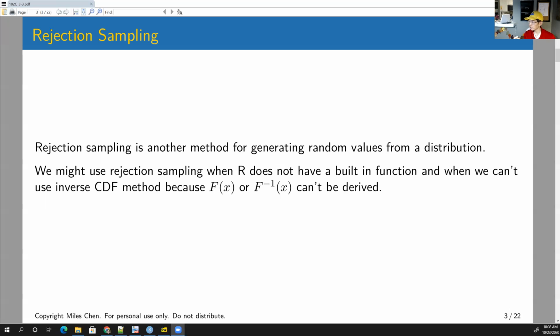If we can generate pseudo-random values from the uniform distribution, can we then generate values from other distributions? We saw the inverse CDF method, which is very effective, and today we'll do rejection sampling, which is another way to go from a random uniform to basically any other distribution.